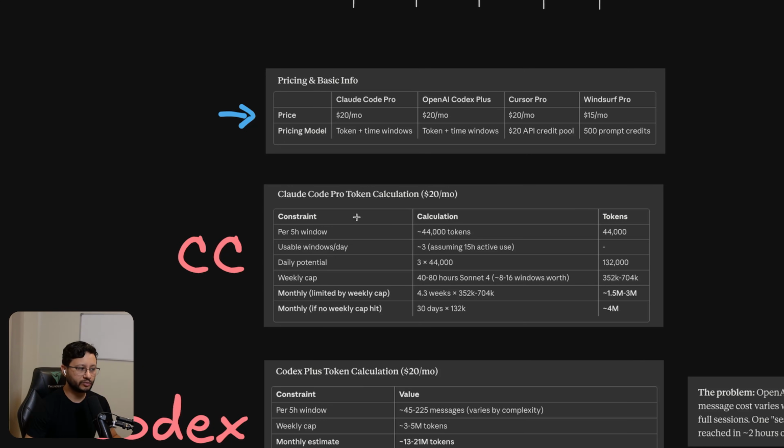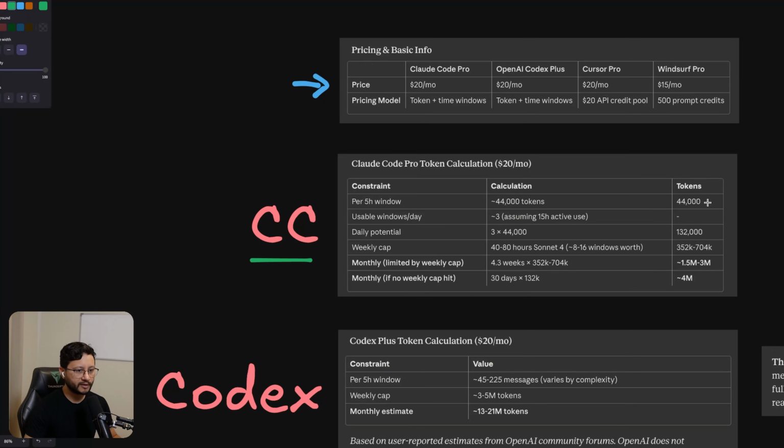Some are more straightforward, like the Claude Code Pro plan that gives us 44,000 tokens in a window of 5 hours. Now, the way I calculated this was assuming that a user would have 15 hours of active use. So that would be 3 windows of 44,000 tokens. This would be a total of 132,000. And then there's also a weekly cap.